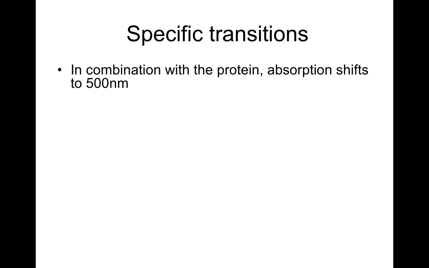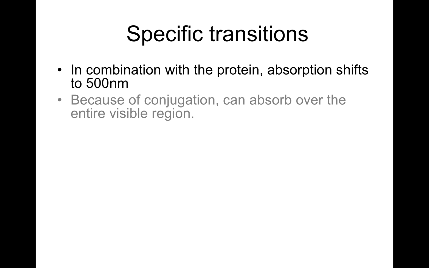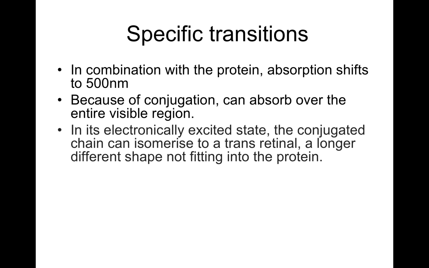In combination with the protein, absorption shifts to 500 nanometers because of conjugation, and can absorb over the entire visible region. In its electronically excited state, the conjugated chain can isomerize to trans-retinol, a longer, different shape, not fitting into the protein.